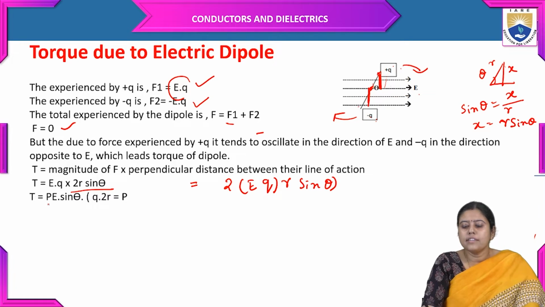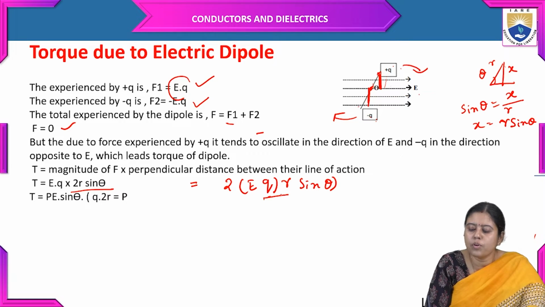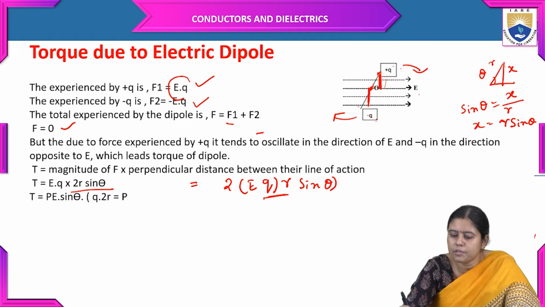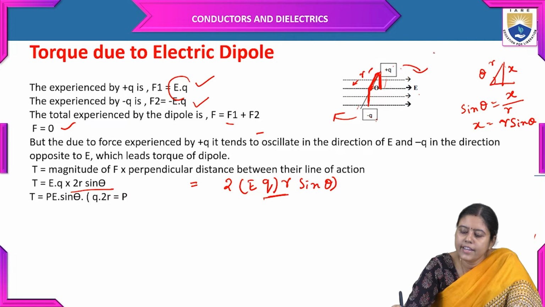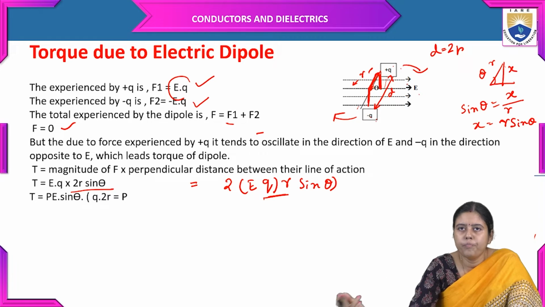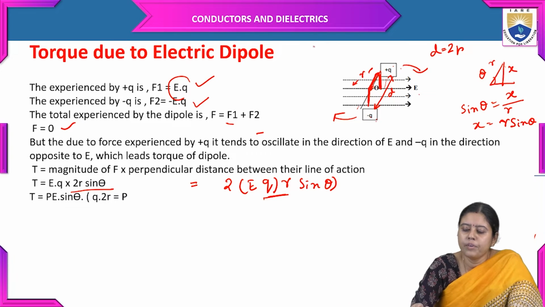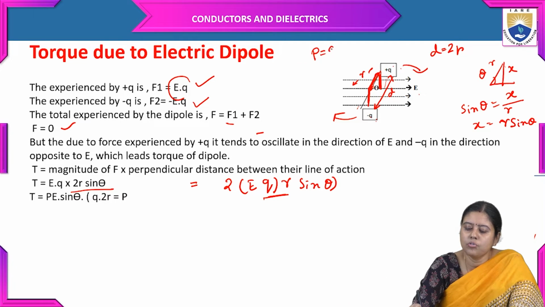Now, what is the value of Q into 2r? Q into 2r. What is the distance between these two? If this is r, we are assuming this distance is r. So D, we know D is equal to 2r. D means the distance between the two charges. And previously we have already discussed the dipole moment P is equal to Q into D, or we can write Q into 2 into r.